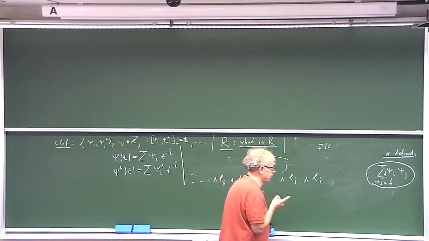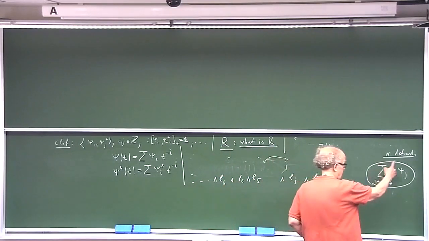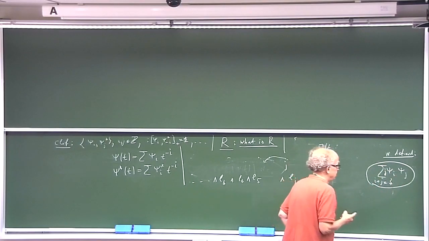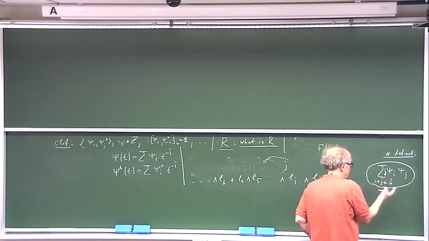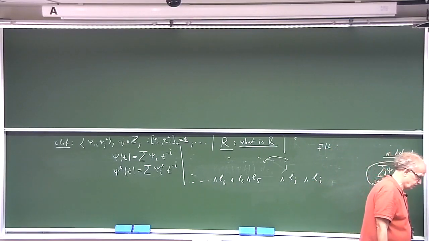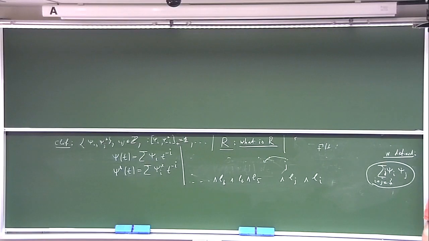Therefore, it is a typical situation that if I have such things, naively, no, not naively, but really, this is an infinite sum. And from the first glance, this operator is not well defined.